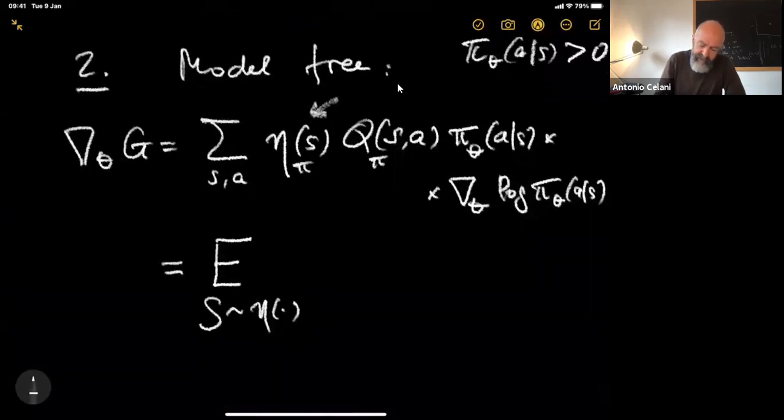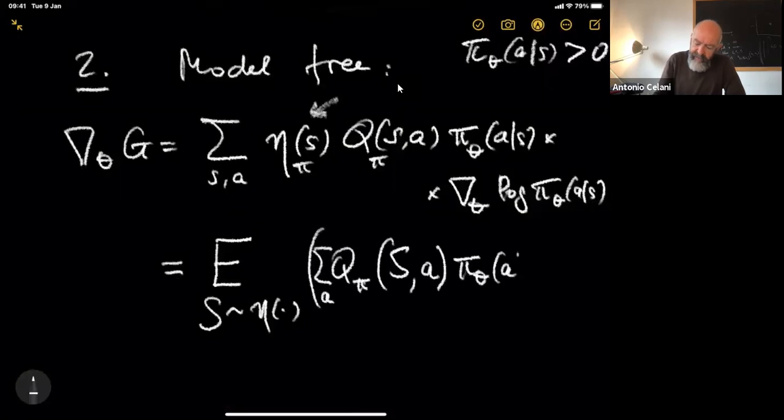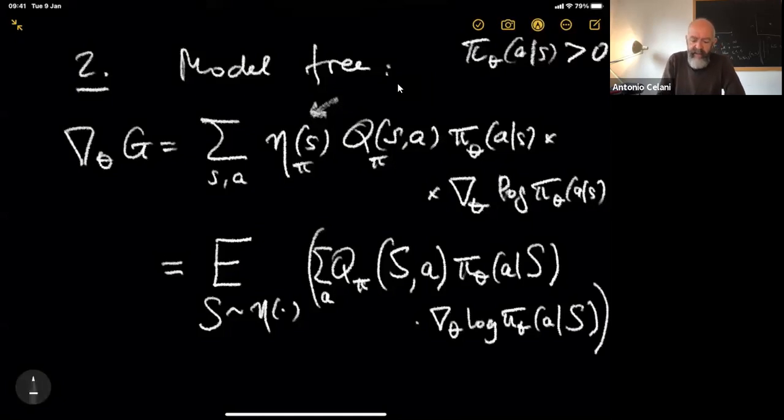So this is going to be the expectation of Q pi with a capital S. There still is a sum over A here, for the moment. And then I have pi theta A capital S times grad theta log pi theta S. So I got rid of the first sum over this distribution and replaced it by an estimate, an expectation value.